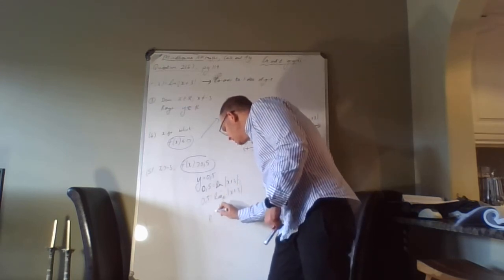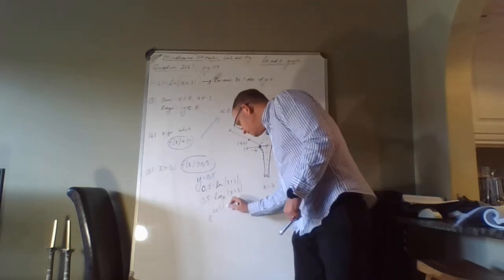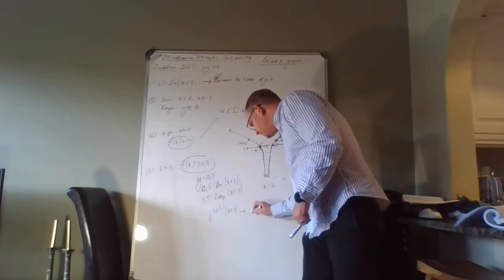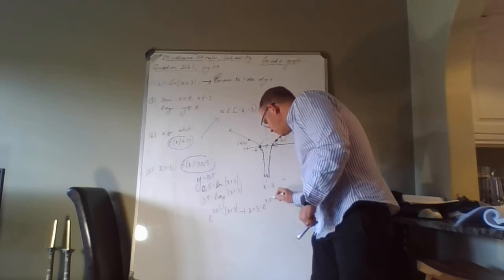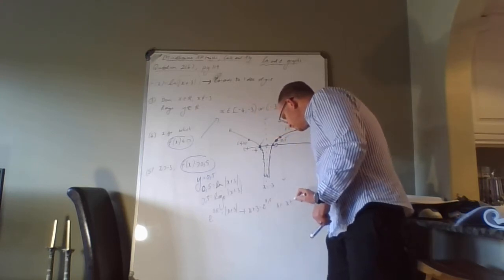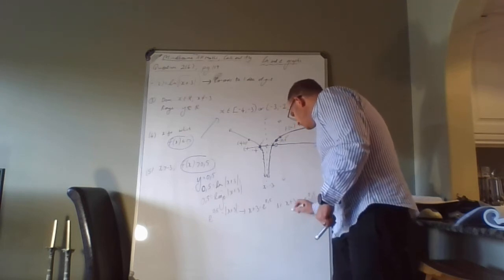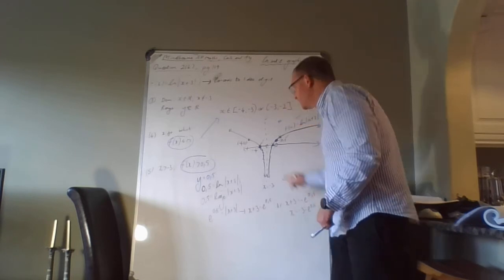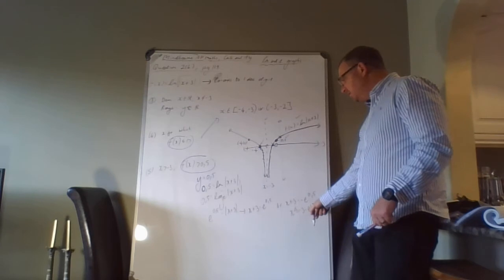So e to the 0,5 is equal to absolute value of x plus 3, which implies that x plus 3 is equal to e to the 0,5, or x plus 3 is equal to negative e to the 0,5. Well, this solution will give you -3 minus e to the 0,5, which is less than -3, and it said x has to be bigger than -3, so we're not going to use that one.